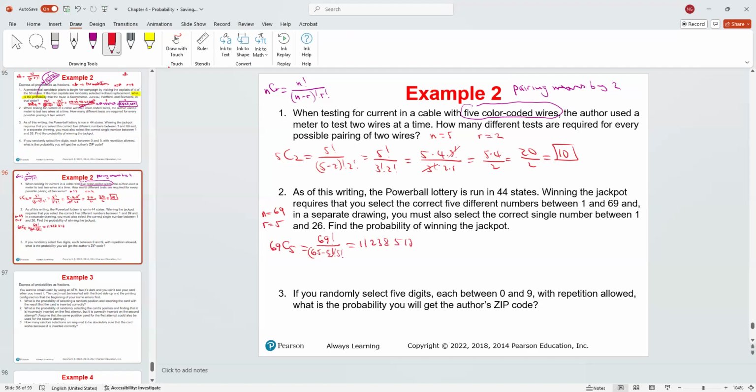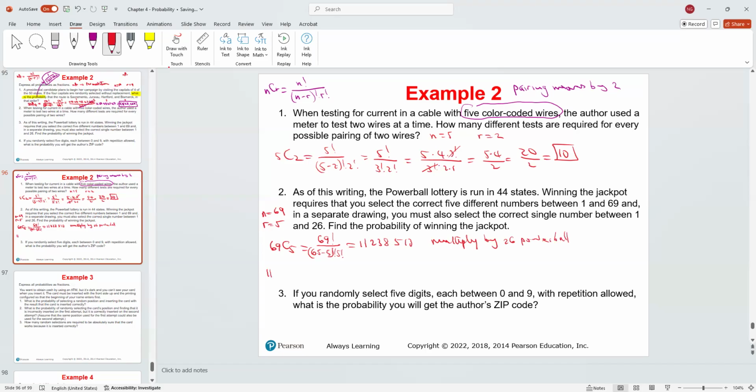So you must pick exactly the right one. So we need to multiply it. So total combinations multiplied by 26, the 26 Powerballs, right? Because you must do it with the Powerball.